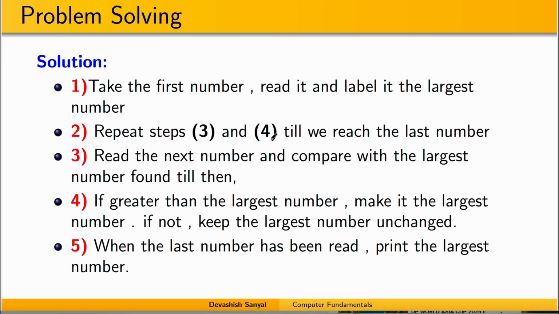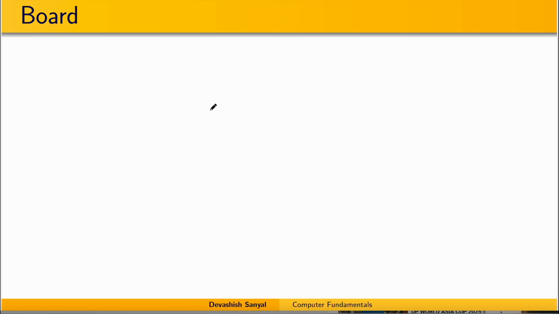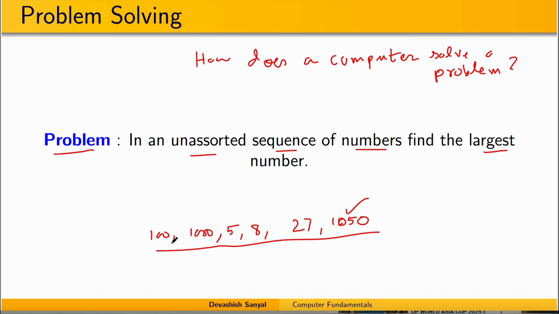So the solution is like this. You have a sequence of numbers. This is the first number, this is the second number, third, fourth, fifth, sixth. So this could be my first number, first input. 100 is my first input.